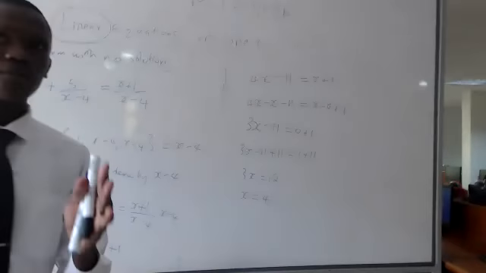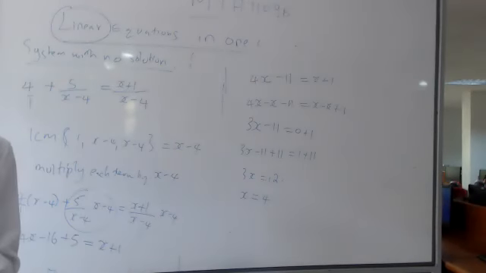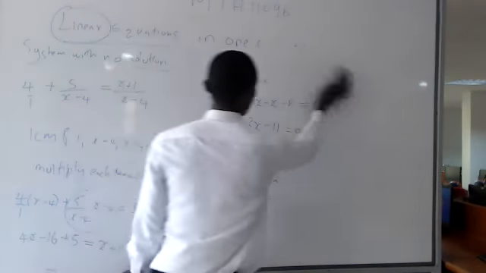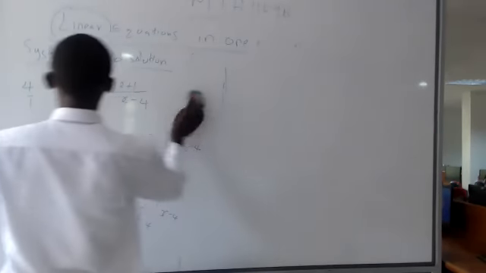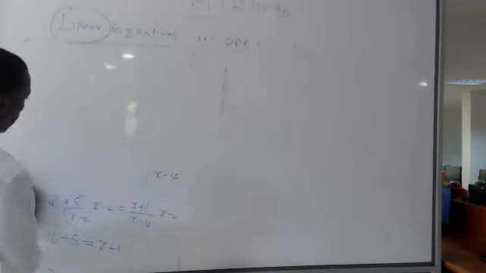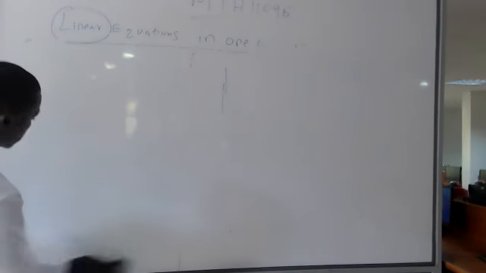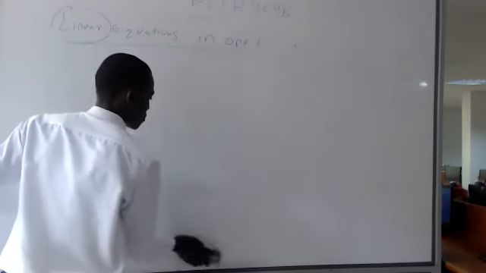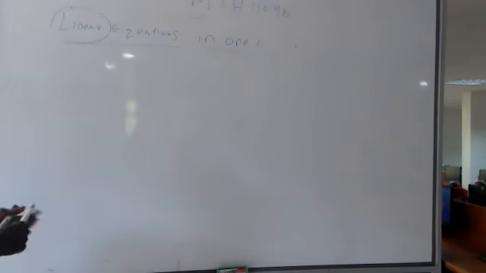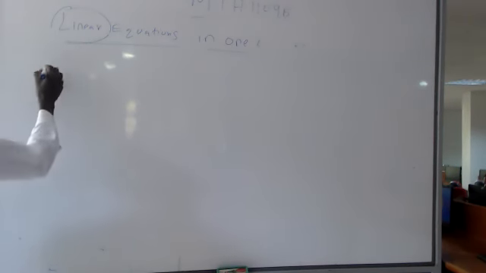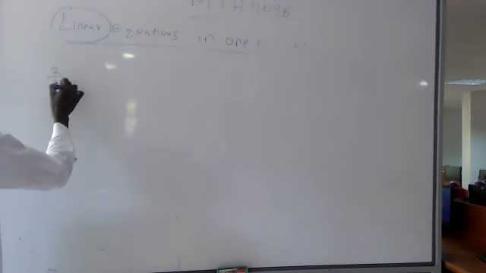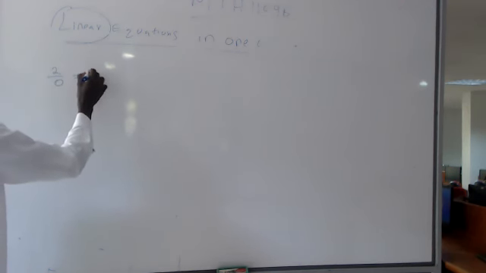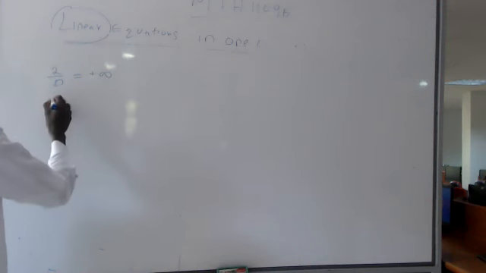And to show you why infinity is not a number, if I generalize this. Suppose infinity is a number, then someone says 2 divided by 0 is plus infinity.